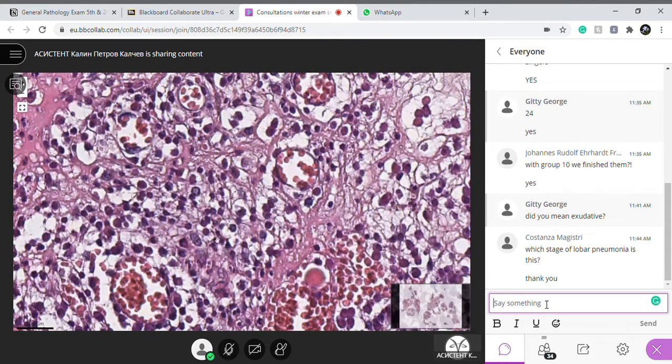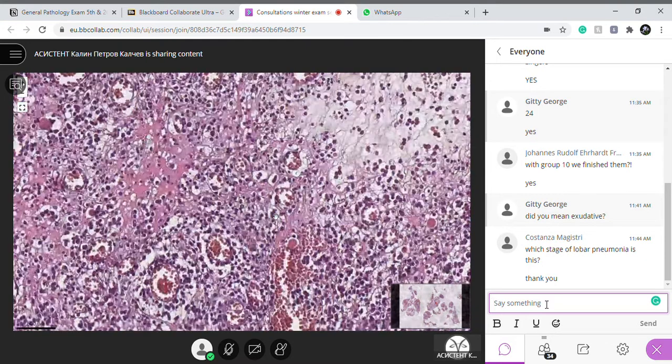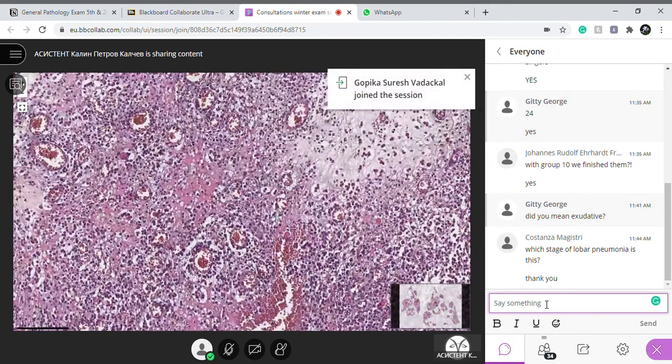And here we can see that amongst the fibrin fibers, we have some thicker collagen fibers. Here they are produced by the fibroblasts, and this whole process ends with fibrosis of the area. So actually we have fibrosis in this type of inflammation as well.